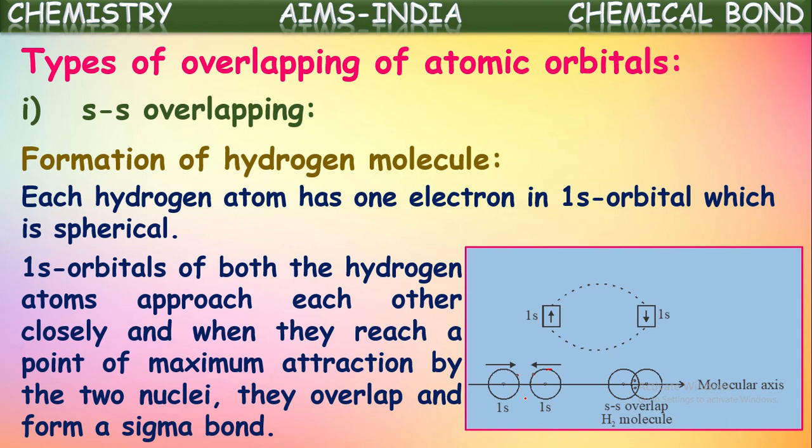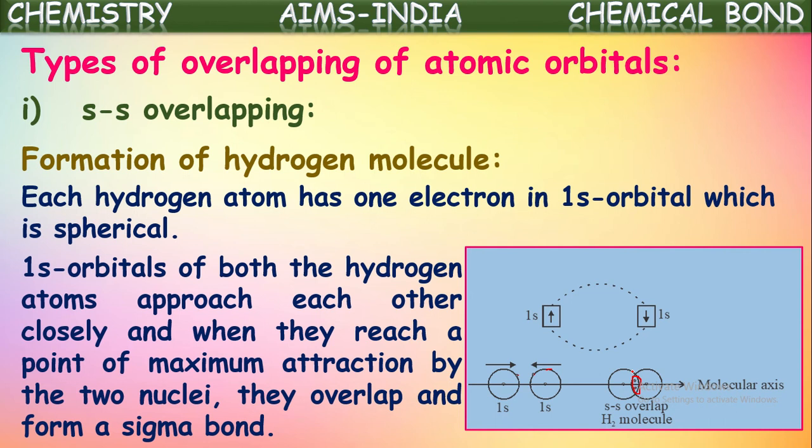When these two hydrogen atoms approach each other and reach a point of maximum attraction between the two nuclei, then these two s orbitals overlap each other and hence they share this pair of electrons, and thus they form a covalent bond which is called a sigma bond.